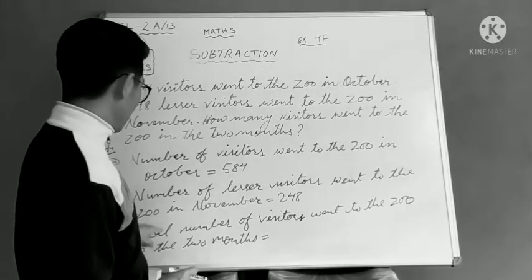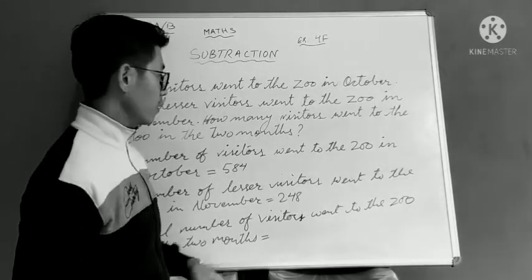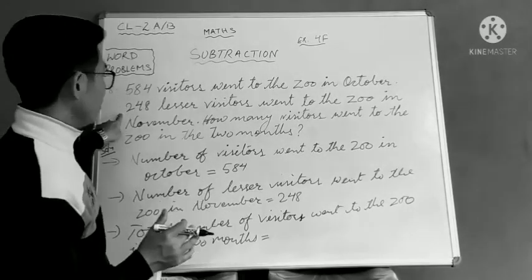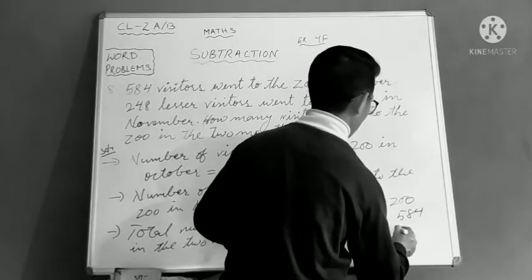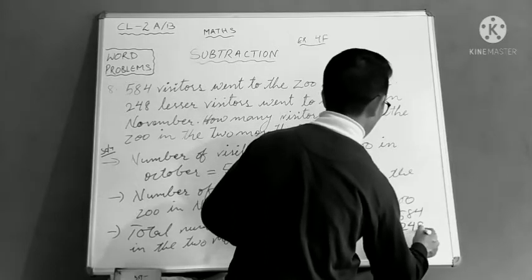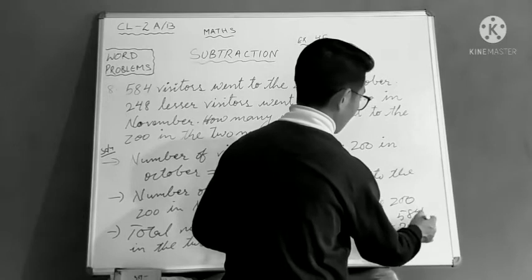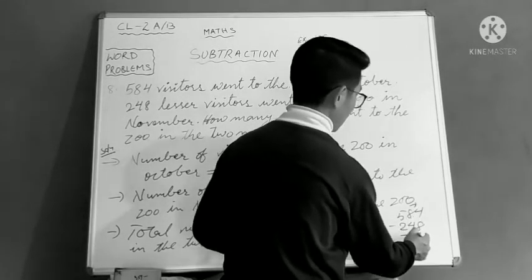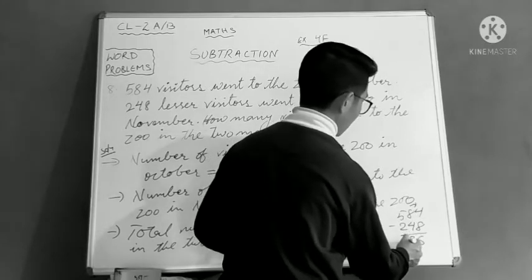Okay, now first, let's subtract these two numbers. 584 minus 248. When you subtract this number, 4 minus 8, so you need to borrow. 14 minus 8 is 6. 7 minus 4 is 3. And 5 minus 2 is 3.